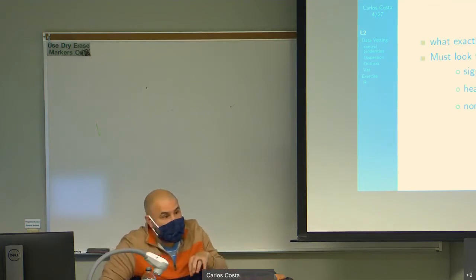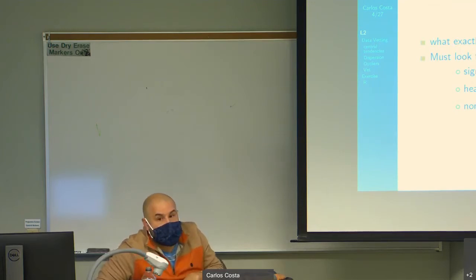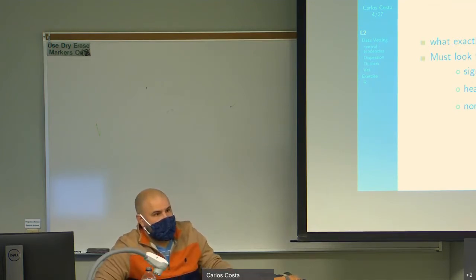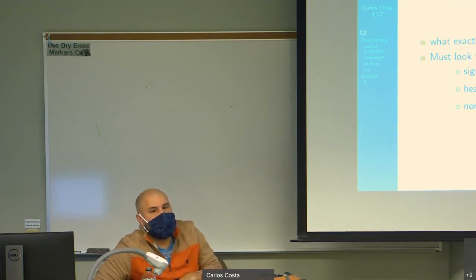It has signs of convergence, it has healthy dispersion levels, and it has non-suspicious outliers. If a data set has these three things, if you've looked for these three things and you've reached these three things, then your data is good to go.